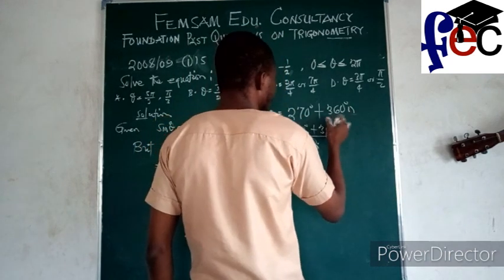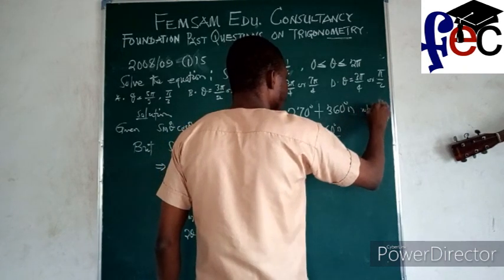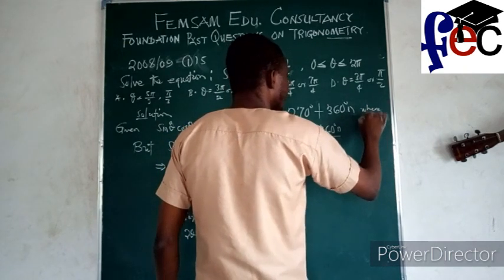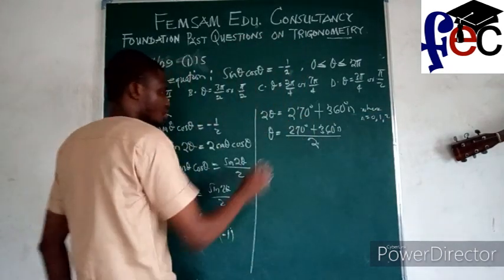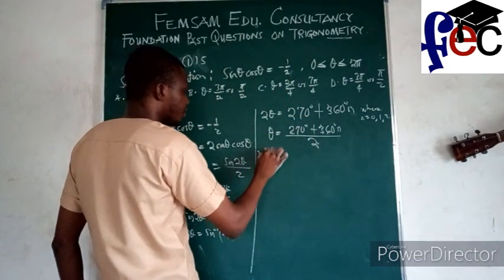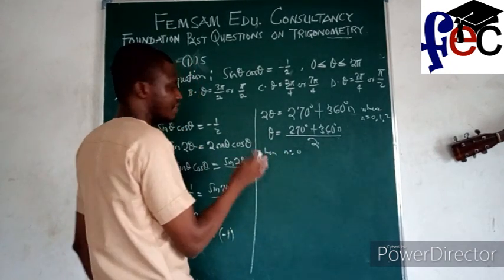So the general representation, where n equals 0, 1, 2, and like that. So when n equals 0, I will have the first value.